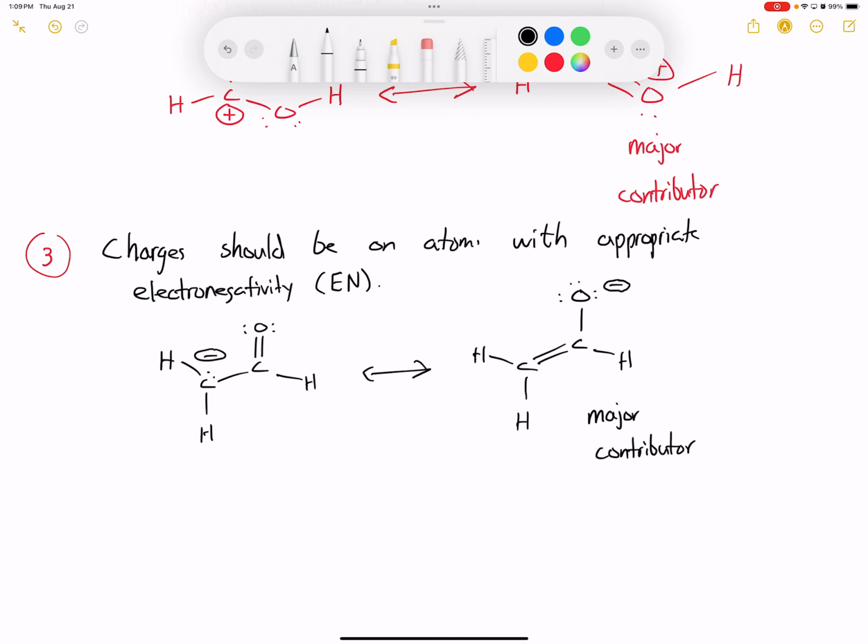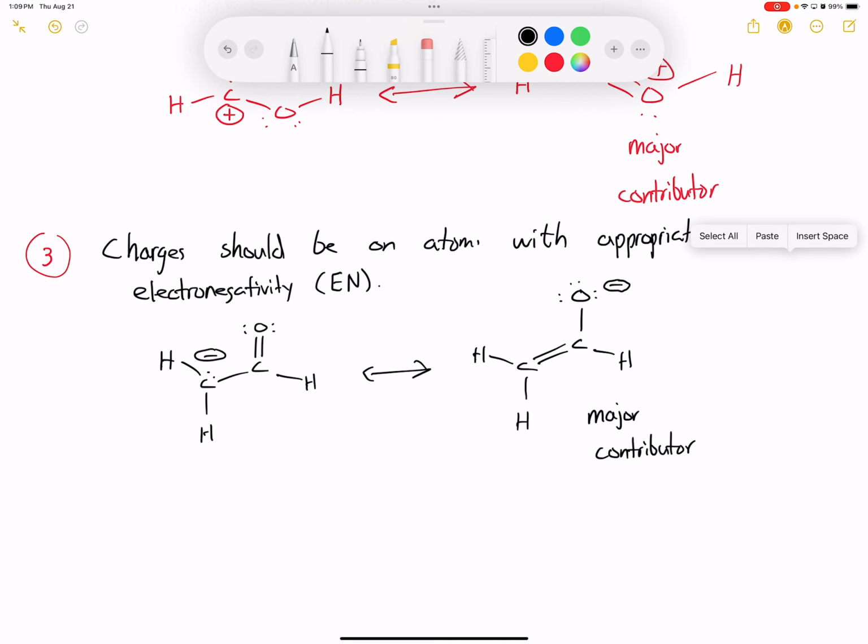So it's not 50-50, like we said with the previous example last time with the benzene ring. Those two structures are equal weight, equal importance. Yes, good. So this whole structure is the major one. That's a fair way to put it.